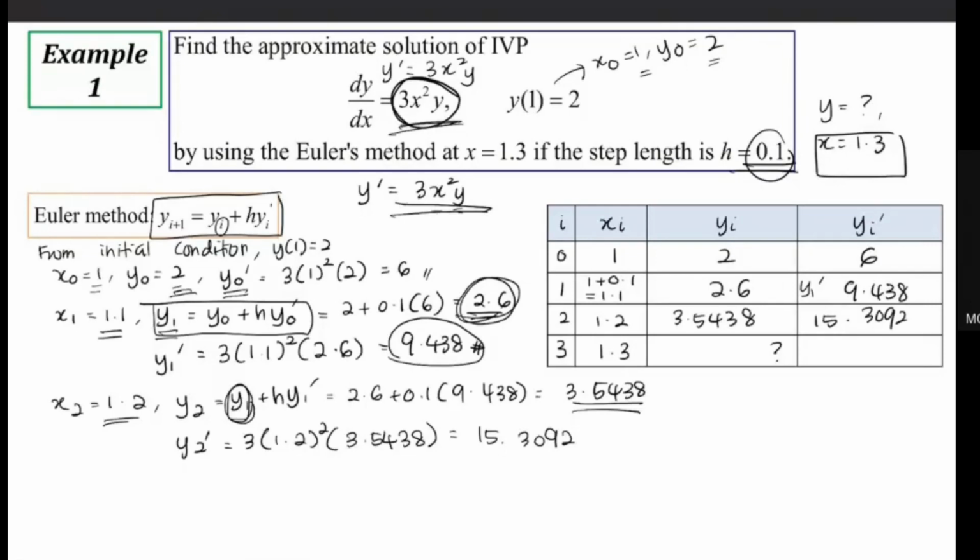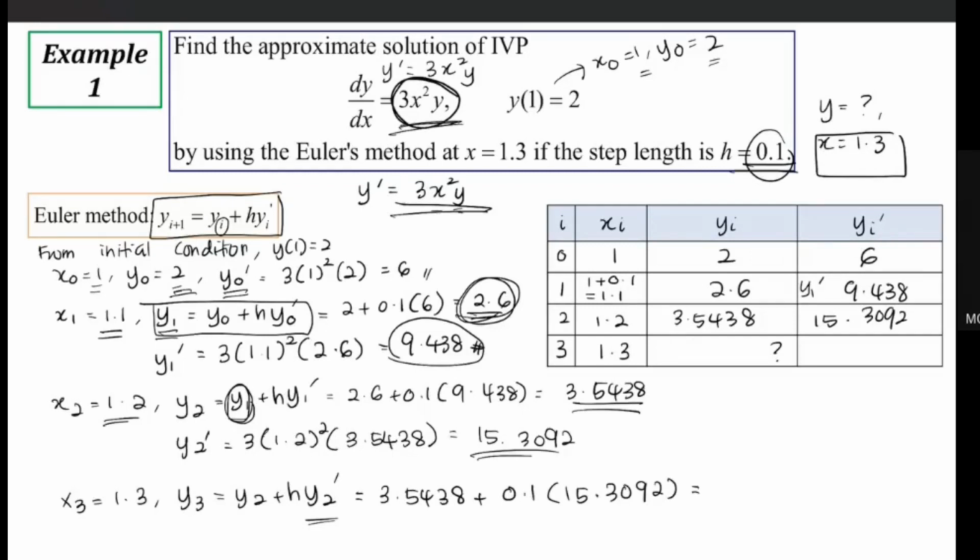Next, x3 equal to 1.3. And then we want to find y3. y3 equal to y2 plus h y2 prime. y2 is 3.5438 plus h, which is 0.1, times y2 prime, which is 15.3092.